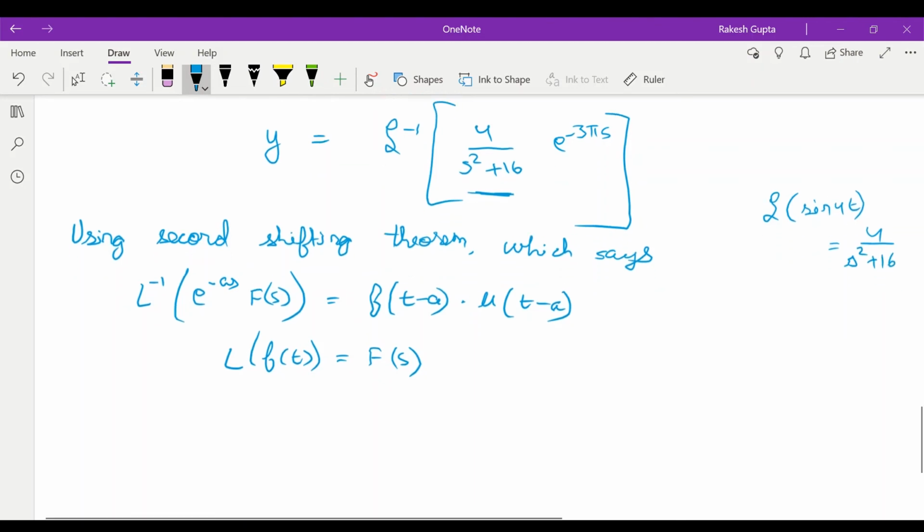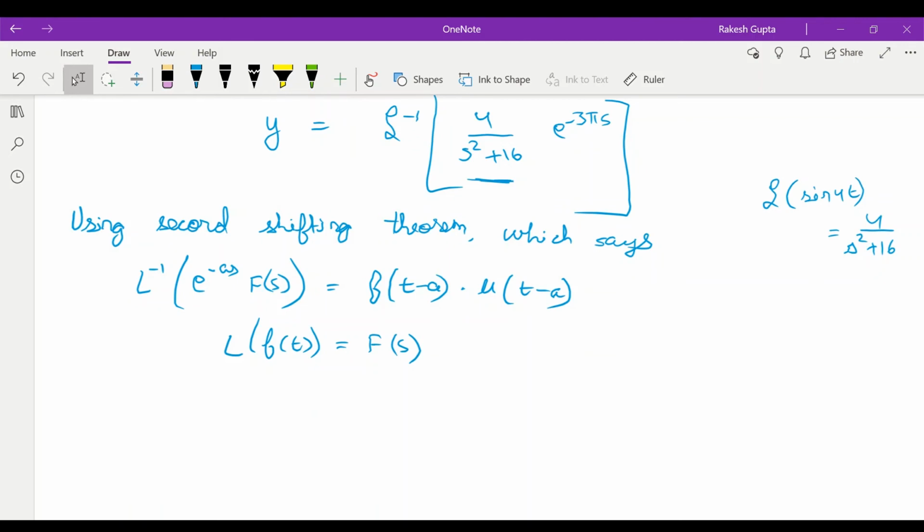So we can now write this as sine of 4t minus 3 pi multiplied with u of t minus 3 pi.